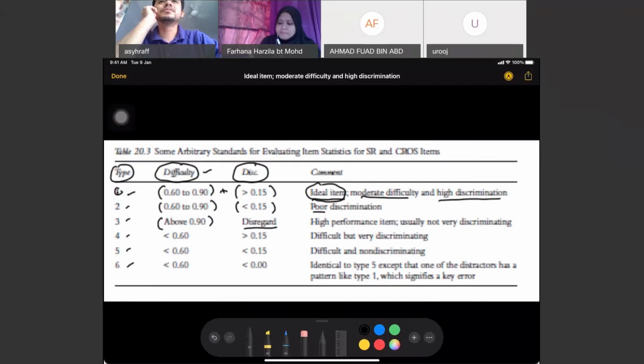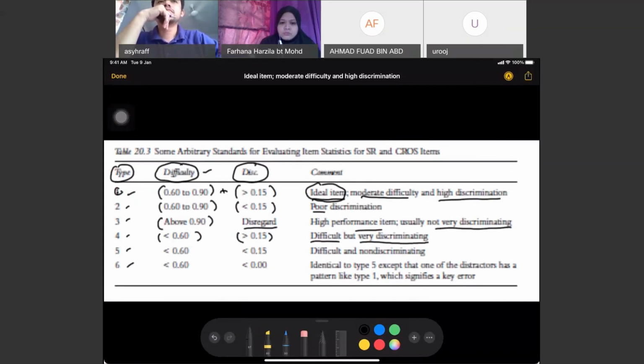High performance items are usually not very discriminating. And if it is difficult, less than 0.6, and also very discriminating, it is difficult but very discriminating.